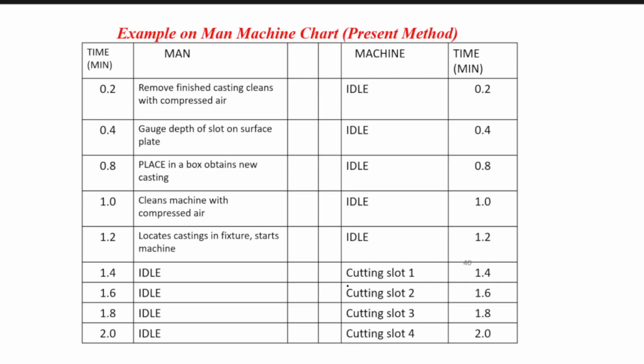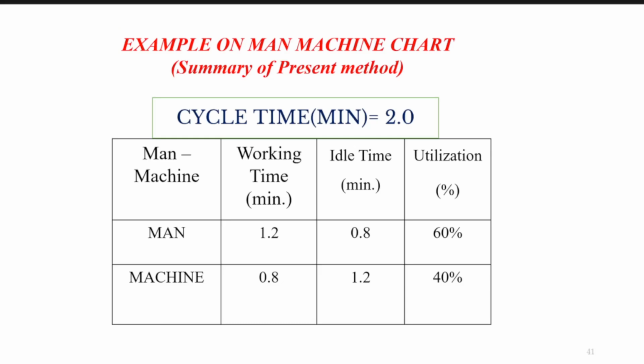Now look over here. For the method, the summary can be like this. Man and machine: working time of a man is 1.2 minutes and of the machine is 0.8 minutes. Idle time for man is 0.8 minutes.